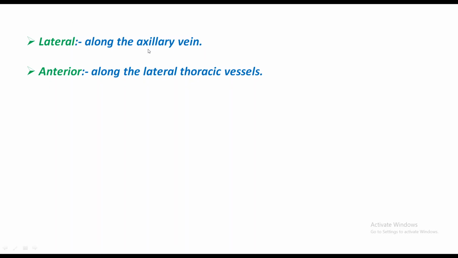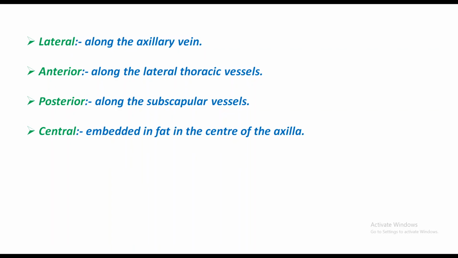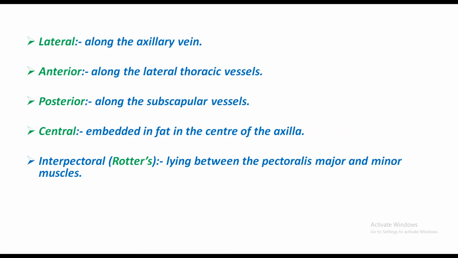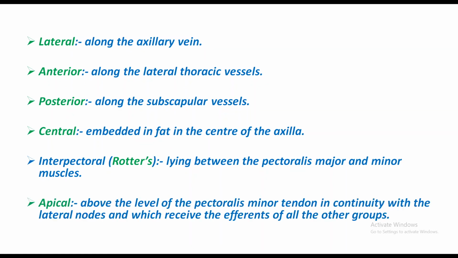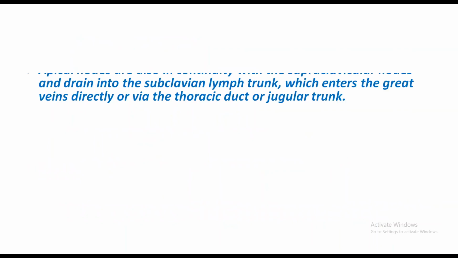So lateral nodes lie along the axillary vein, anterior lie along the lateral thoracic vessels, posterior lie along the subscapular vessels, and central is embedded in the fat in the center of the axilla. Interpectoral nodes are also called Rotter's nodes. They lie between the pectoralis major and pectoralis minor muscles. Apical nodes are above the level of pectoralis minor and in continuity with the lateral nodes, and receive the afferents of all the other axillary nodes.